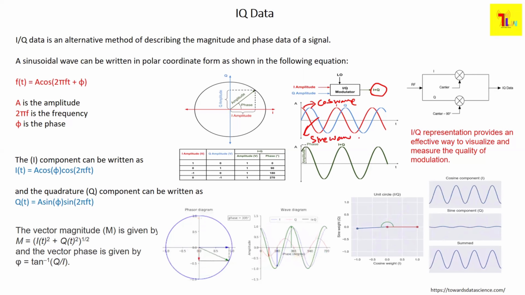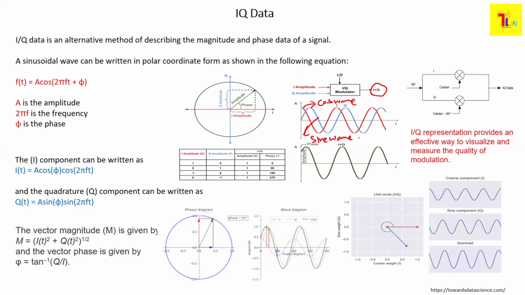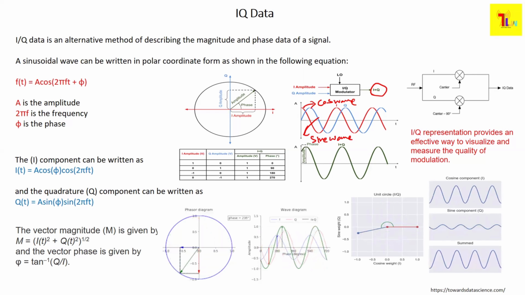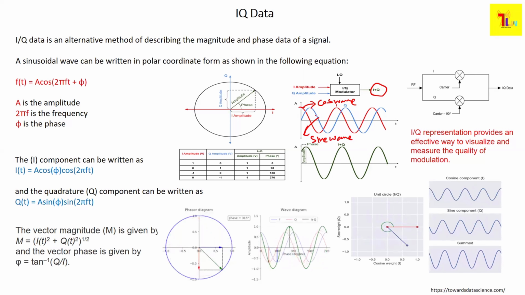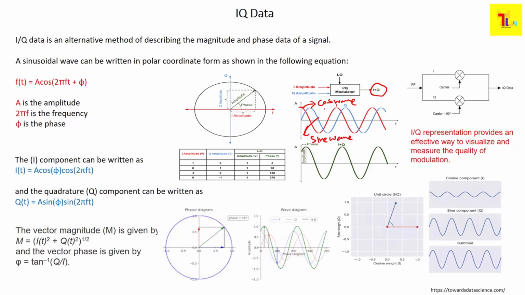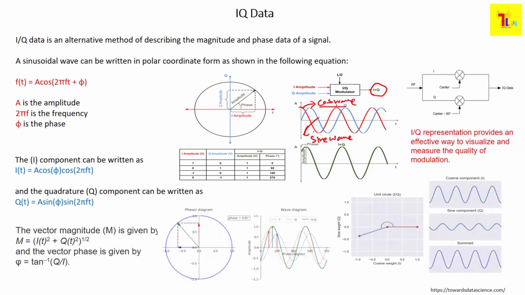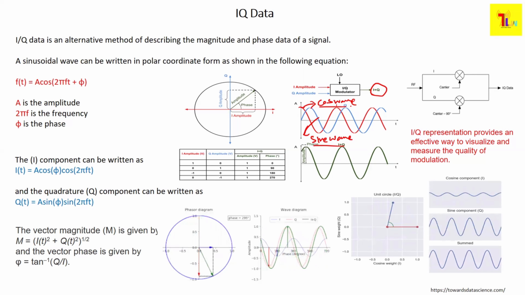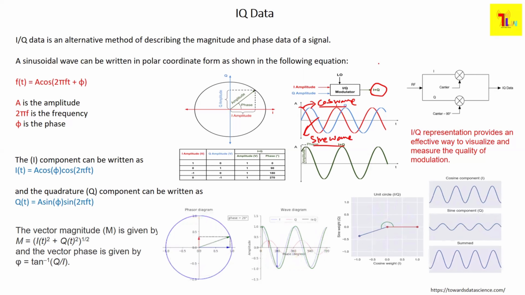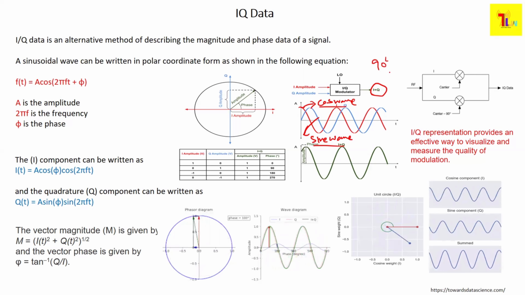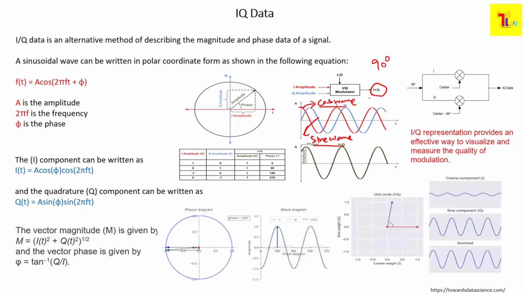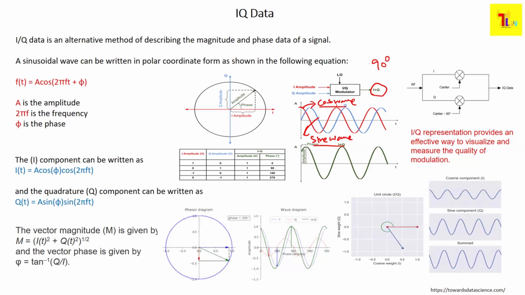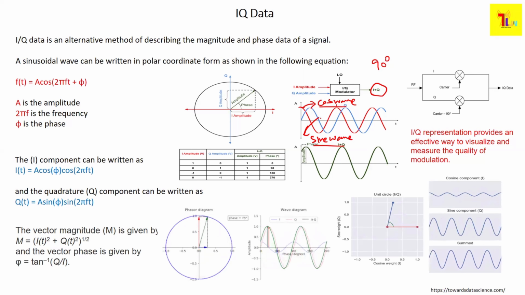If you want to represent it in waveforms, the I component will be called the cosine wave, and the Q component will be called the sine wave. Both will be out of phase by 90 degrees, so you can easily differentiate what is the I component and what is the Q component.